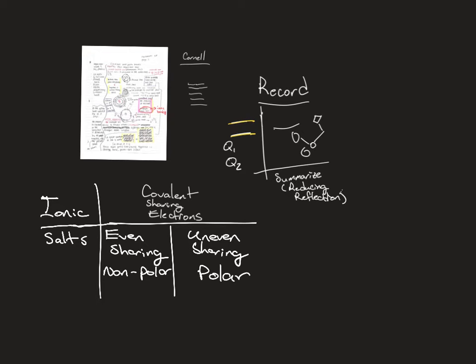In ionic bonding, one atom, or one element, takes an electron, and the other gives.